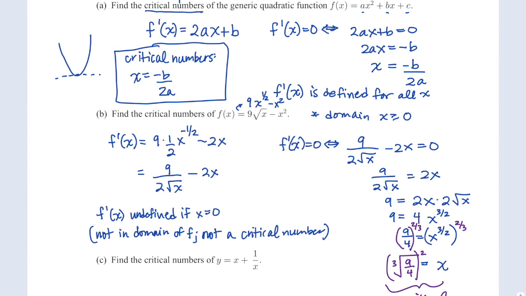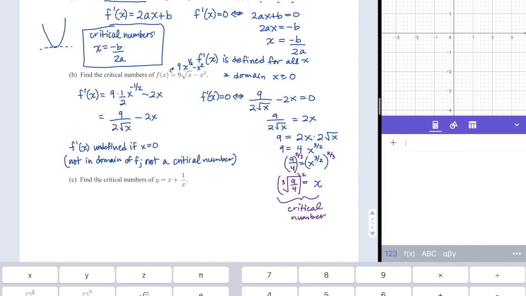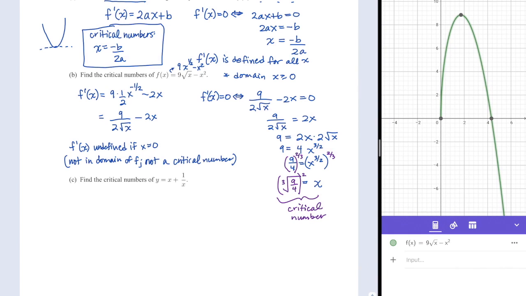Let's take a look at this graph, just because this is not a familiar function, and let's kind of see what's going on. So this function was 9 times the square root of x minus x squared. And I'm going to move out here.